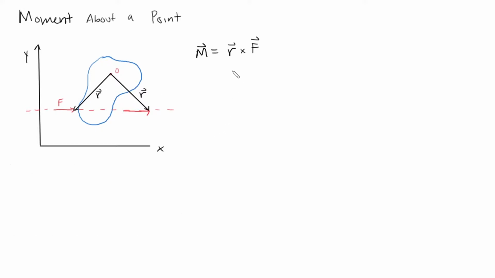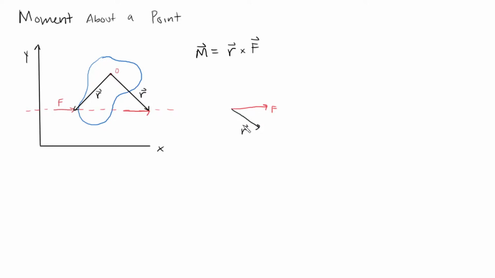So by definition, as we did before, the cross product gives you a vector that's perpendicular to r and F simultaneously. So in this problem, when we do the cross product, since F is pointing in this general direction, F is going this way, and r, we'll use this one for example, r is going this way.